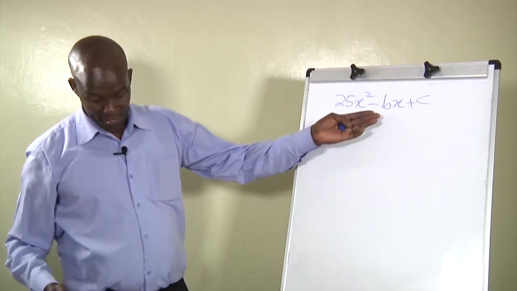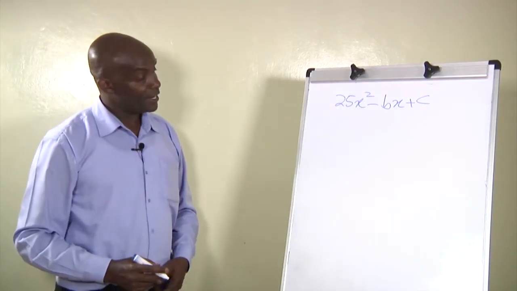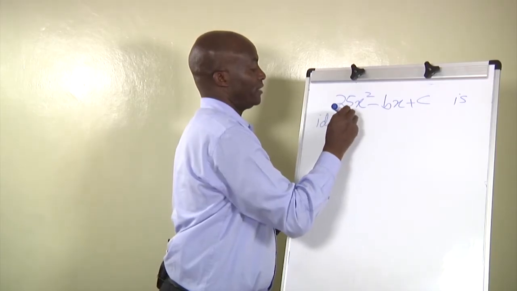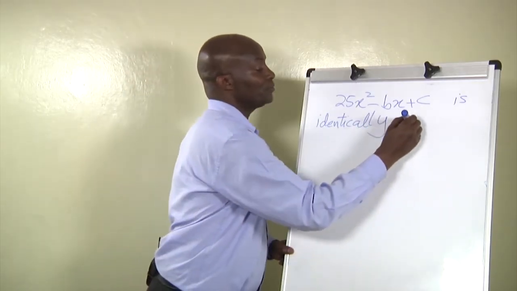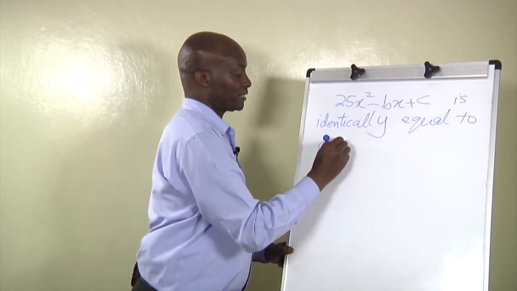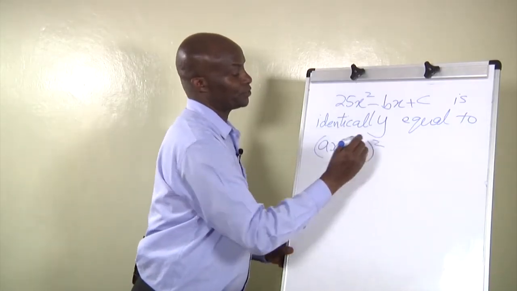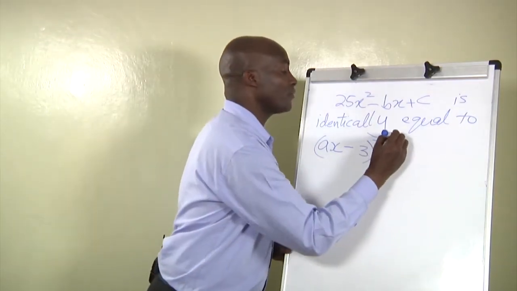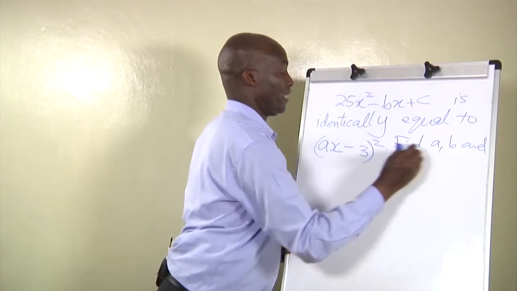You are told that this is a perfect square, and that this expression is identically equal to ax minus 3 squared. So find the values of a, b, and c.